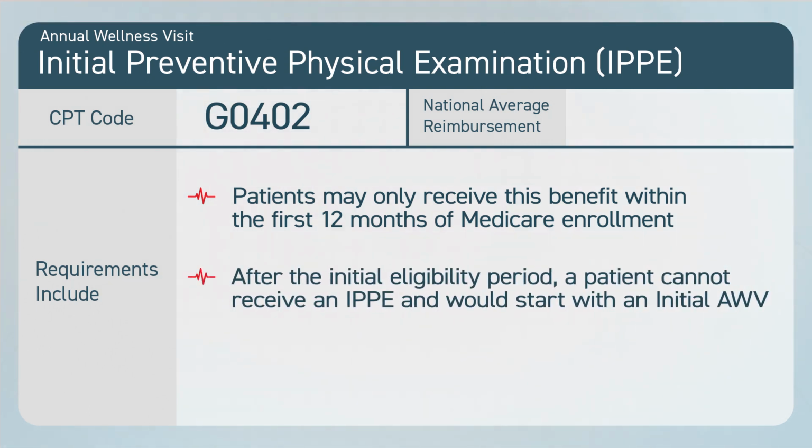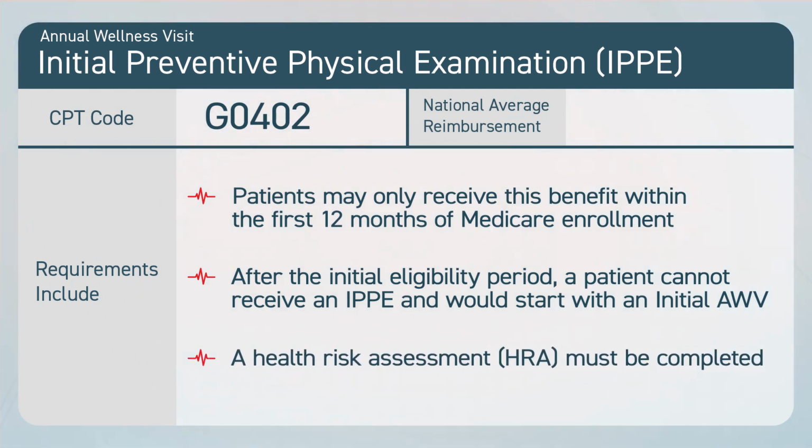If the patient misses the initial eligibility period, they would not be eligible for the IPPE and would start with the initial annual wellness visit instead. A health risk assessment, or HRA, needs to be completed with the IPPE. The current national average reimbursement for G0402 is $163.